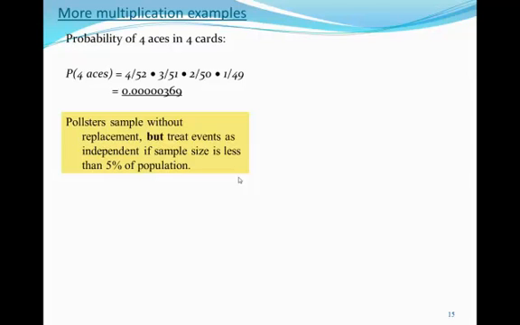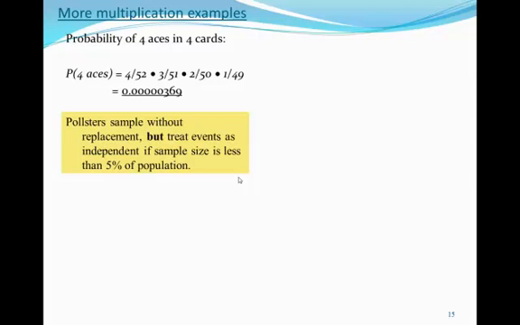Let's look at another multiplication example: the probability of 4 aces in a row. You shuffle a deck of 52 cards, and you want to get 4 aces in a row. This is a typical multiplication rule without replacement. The probability of getting the first ace is 4 over 52.